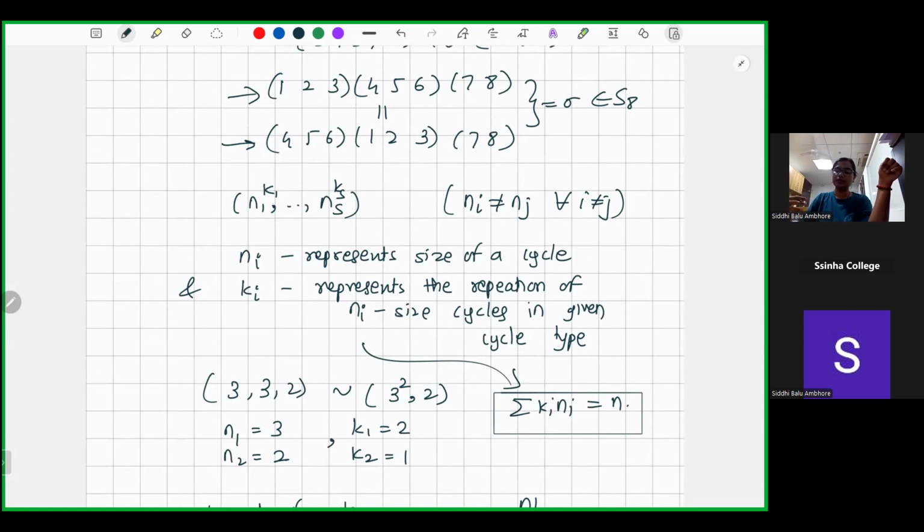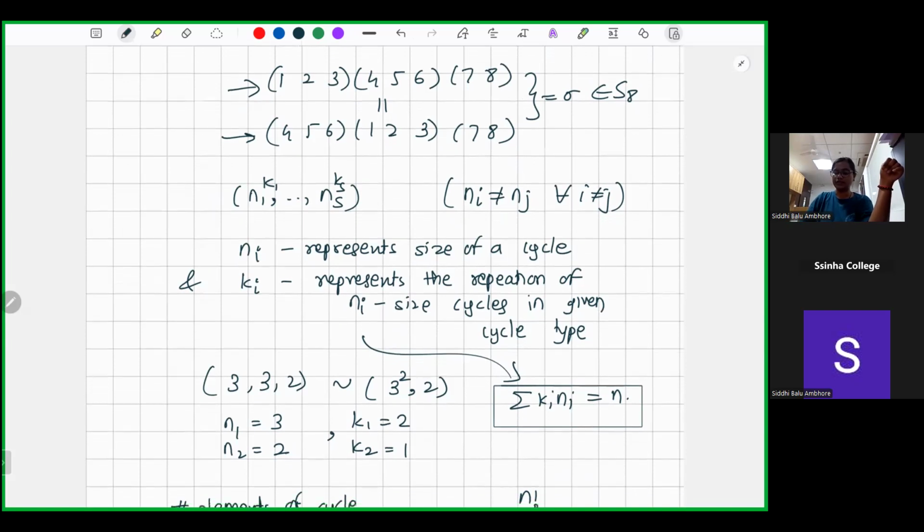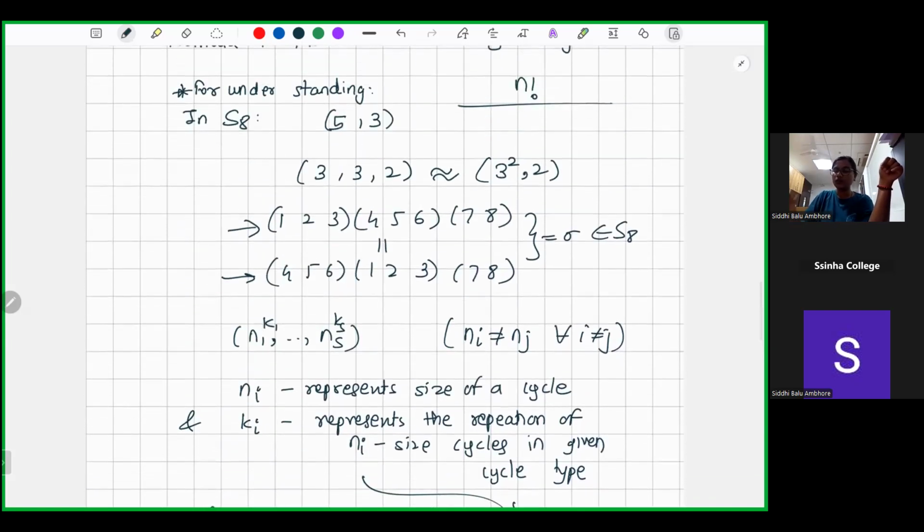A given element sigma in Sn can be represented in various ways as a product of transpositions and so on. And a given set of disjoint cycles, if we permute them, actually represents the same element.